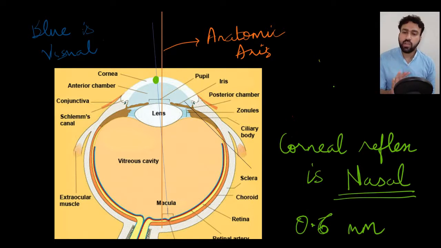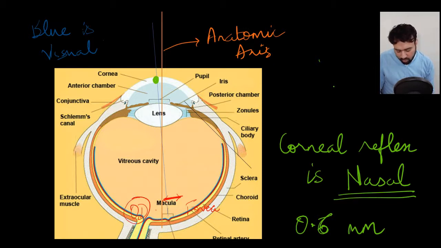Now you guys know that the optic disc here is located nasally, right? And the fovea is located temporally, right? So you can see that the fovea is located temporal to the anatomical axis, whereas the disc is on the nasal side of the anatomical axis, correct?